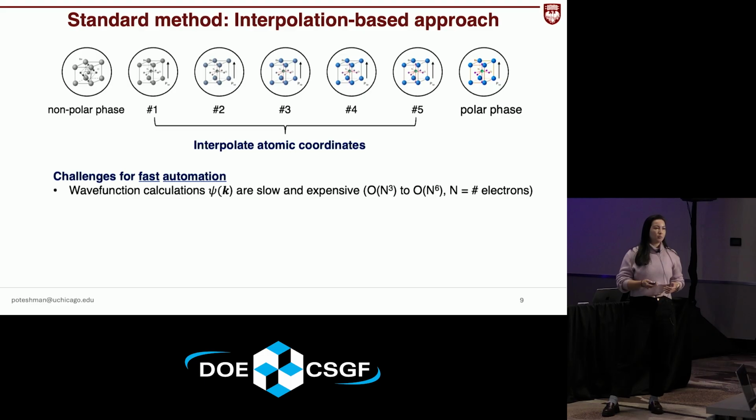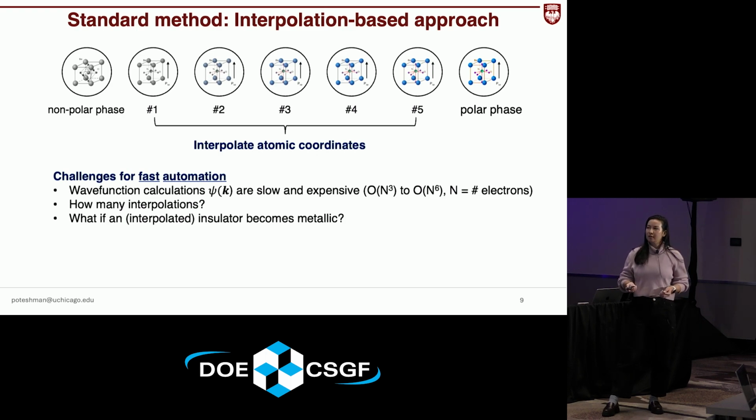For each of these wave function calculations, this is really the computationally limiting step. There are a variety of methods you can use to obtain these wave functions, but they're all slow and expensive. And when you go to automate this workflow, a priori, you don't know how many interpolations you need to resolve the branch.